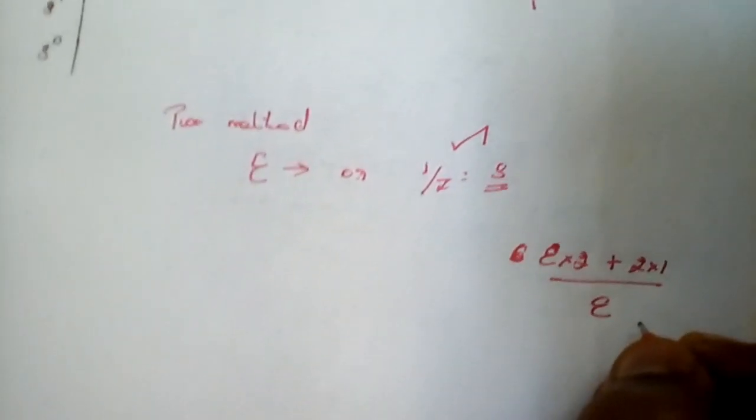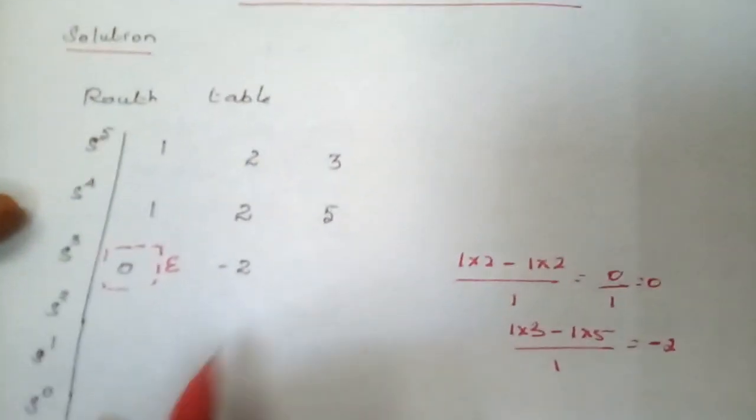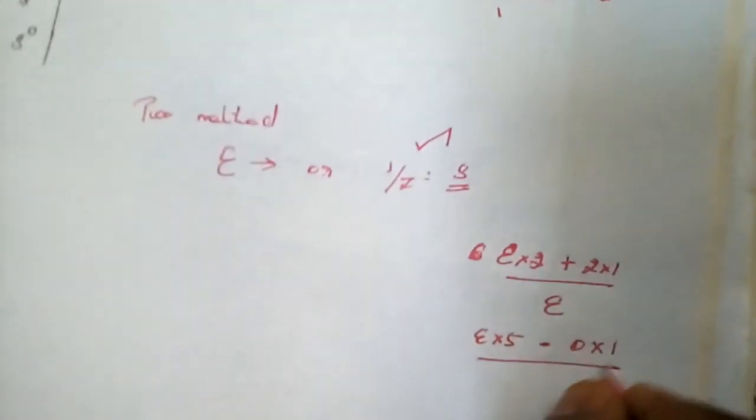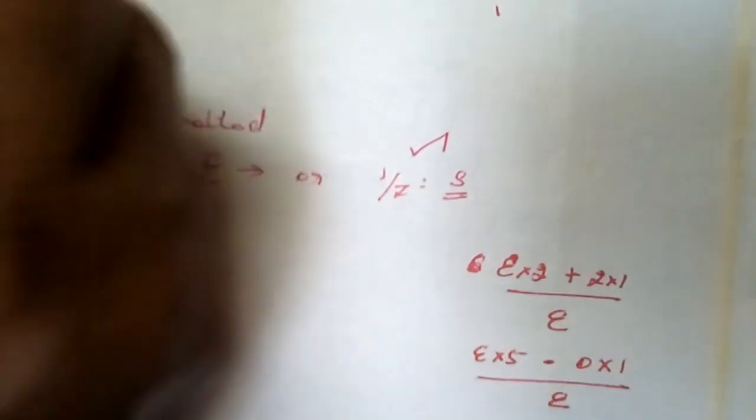Okay, you will get some value, and for the next term, epsilon into 5 minus 0 into 1 divided by epsilon. Okay, you will get some value, substitute in the s square term.